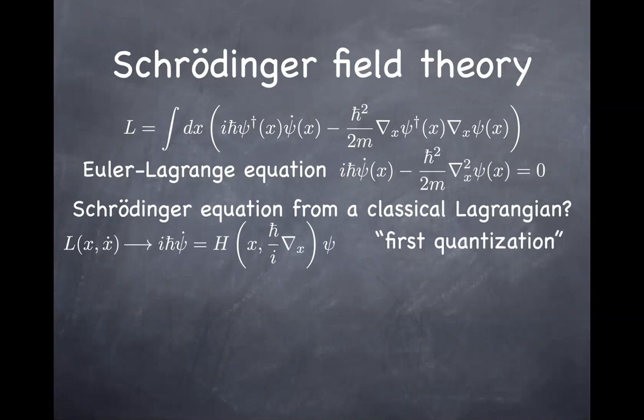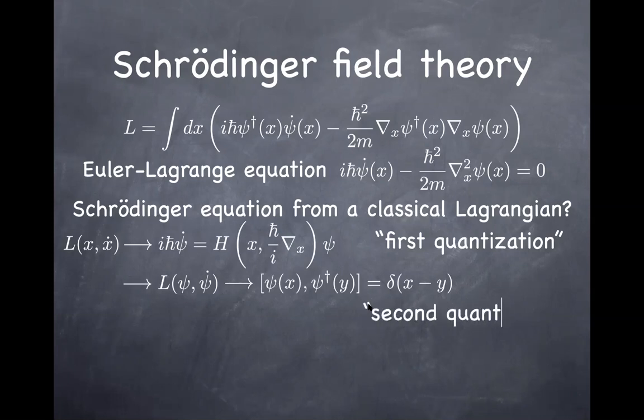And for some obscure reason, let's say we're going to quantize this wave function psi next by building a Lagrangian that would reproduce the Schrödinger equation. And then using this Lagrangian, whose Euler-Lagrange equation happens to be the Schrödinger equation, we quantize this once again using the canonical quantization condition. That's why this is the second quantization.